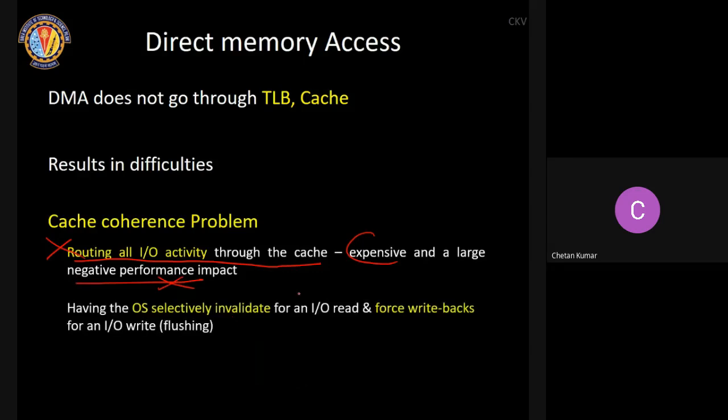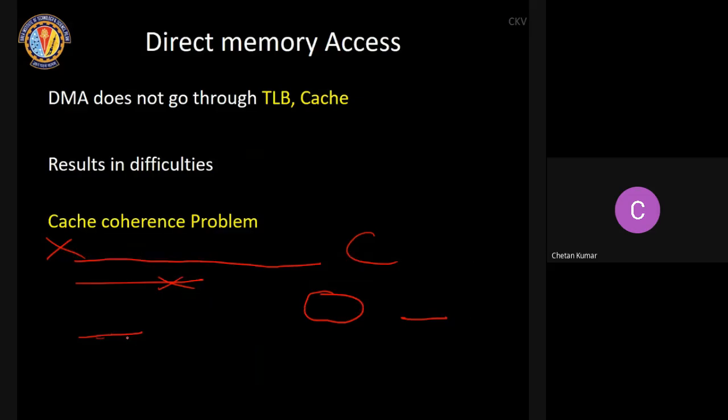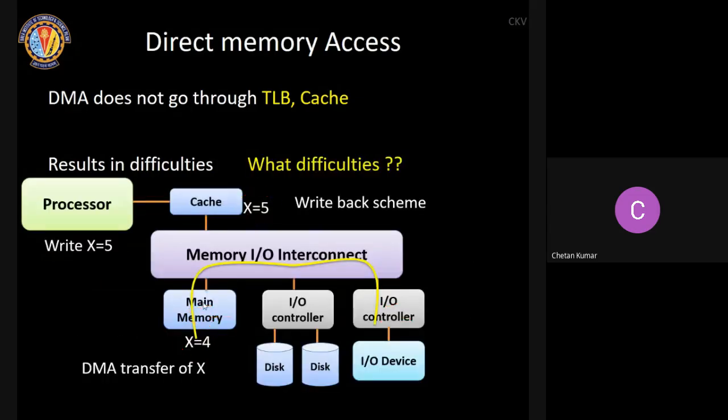The OS can invalidate a few locations on IO read, and it might force write back on an IO write. For example, in this case, if there is some writing to the IO, meaning you are supposed to send this data to the IO controller.